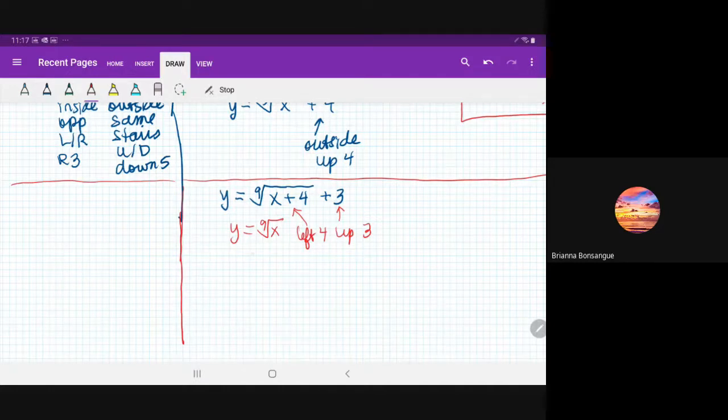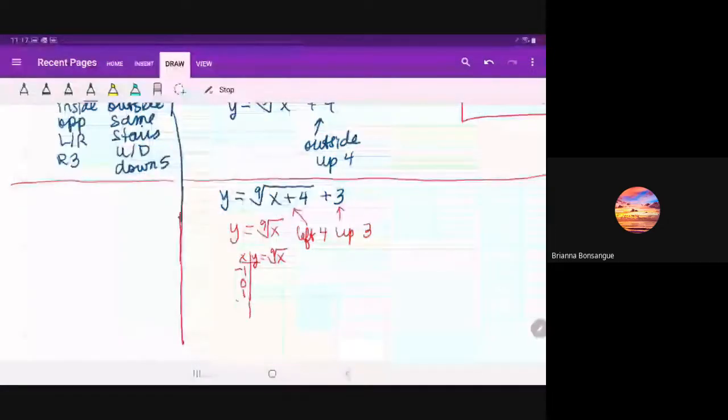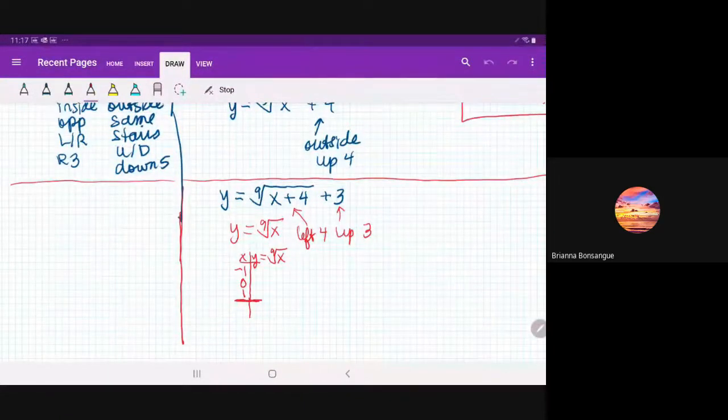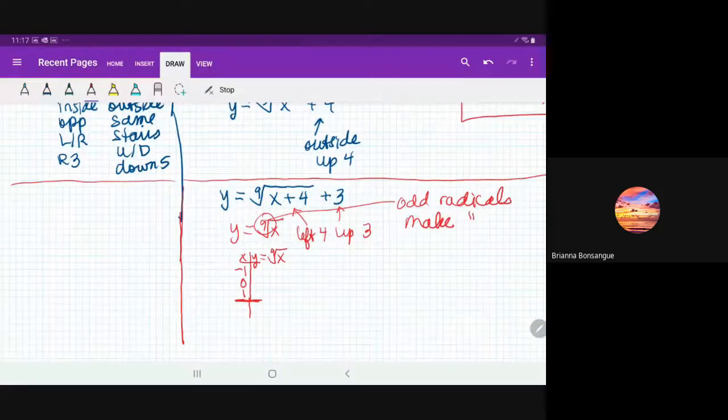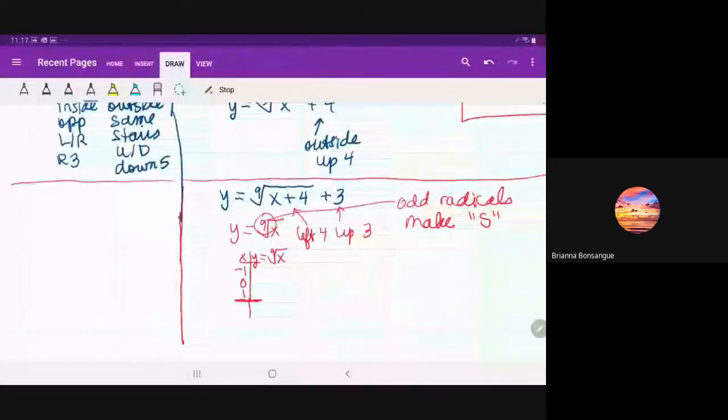Okay, now when you're making the table, is this one going to make an R or an S? Yes, so odd radicals make S's. And you'll forget that until you get to algebra 2, so it's not a big deal. But the movements and the tables of values and the plans are what's going to help you.